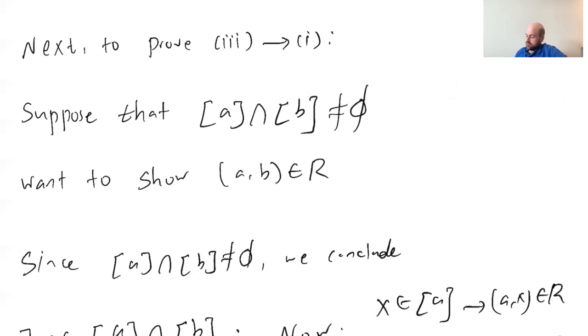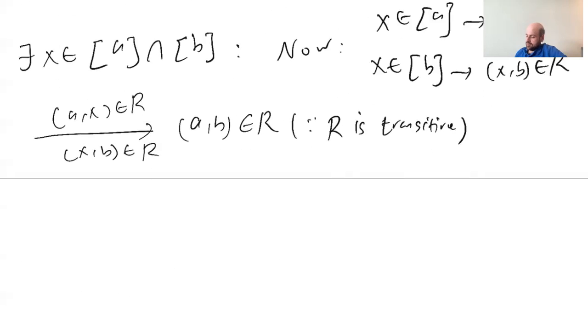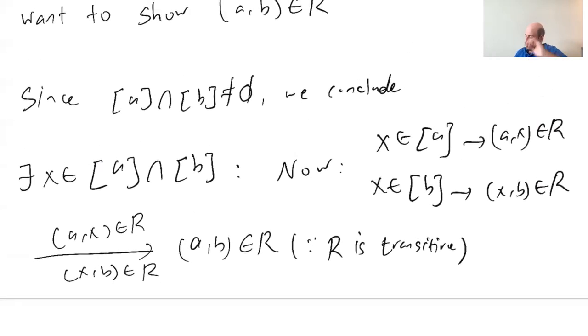Well, that's it. We wanted to show that (A, B) is in R. We showed that (A, B) is in R. So the only thing we had to use is the fact that the intersection of these equivalence classes is non-empty. So we took an element X there in the intersection. X being in the equivalence class of A means (A, X) is in R. Remember, X in the equivalence class of A means (A, X) and (X, A) both will be in R. But here I will just use the fact that (A, X) is in R. I don't need the other part.